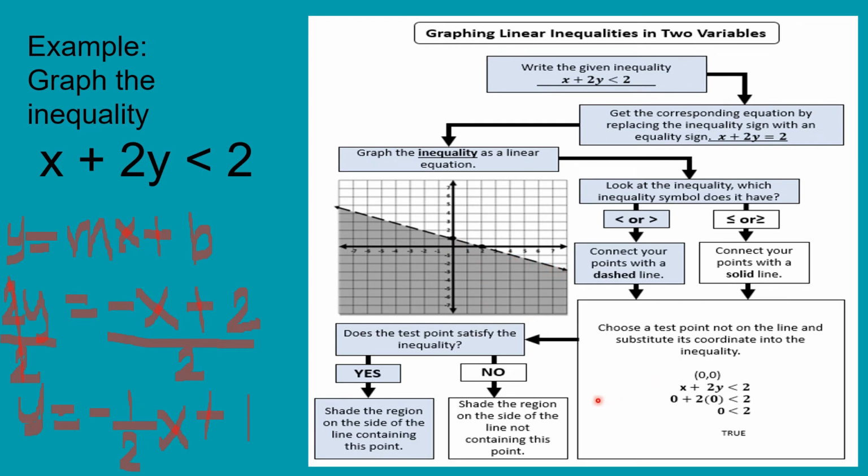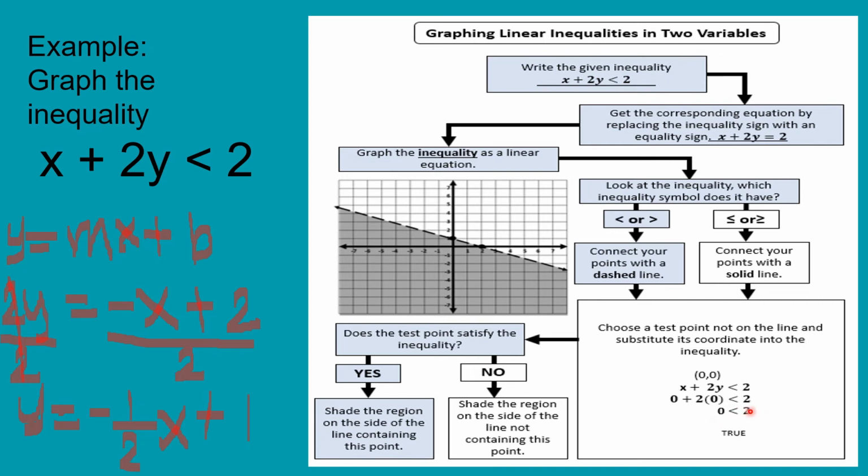Then, we will choose a test point not on the line and substitute its coordinate into the inequality. At yun nga po ay ang 0, 0, or yung point of origin natin. Isa-substitute natin yung 0, 0 na x and y values into our given inequality. So, we have 0 plus 2 times 0 is less than 2. We simplify 2 times 0 is equal to 0. So, 0 plus 0 is equal to 0 is less than positive 2.